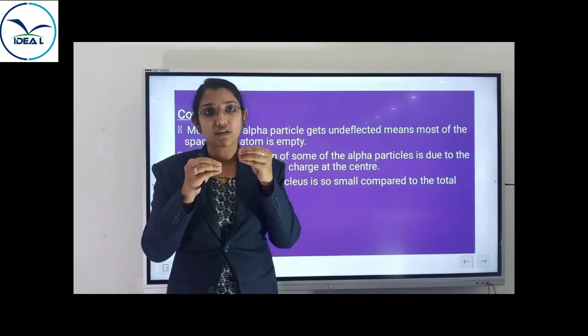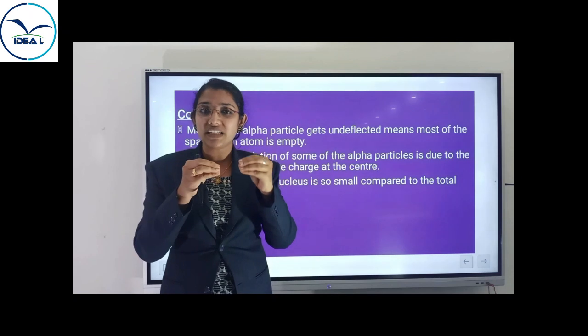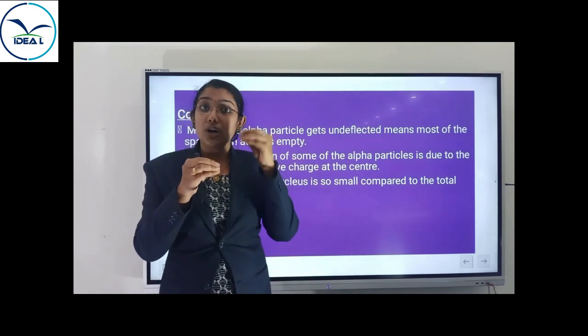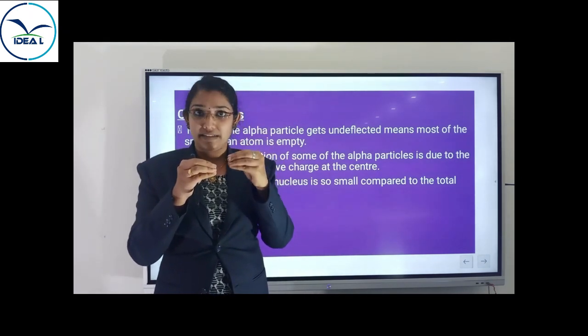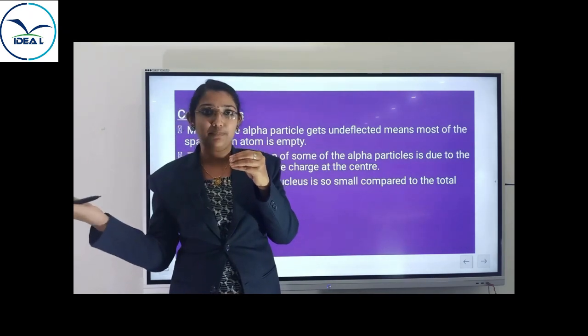That is the second conclusion of the Rutherford atomic model: there is a positively charged particle located inside the atom, so that some of the alpha particles get deflected back.